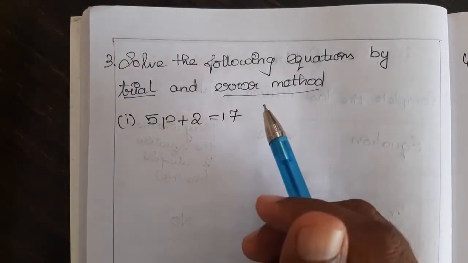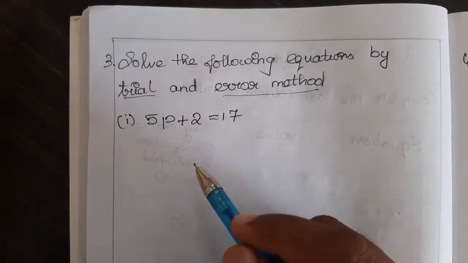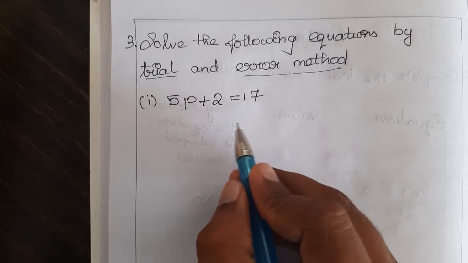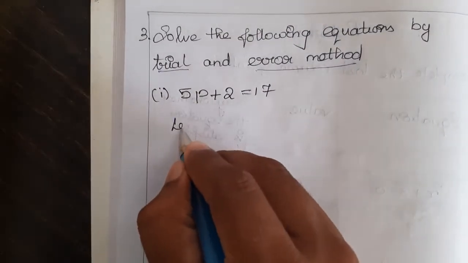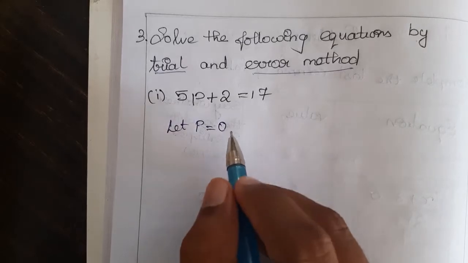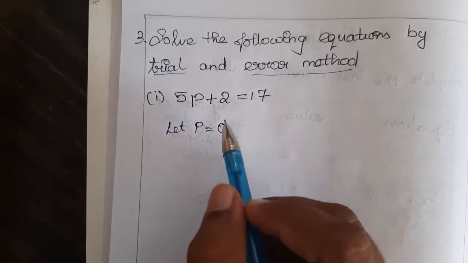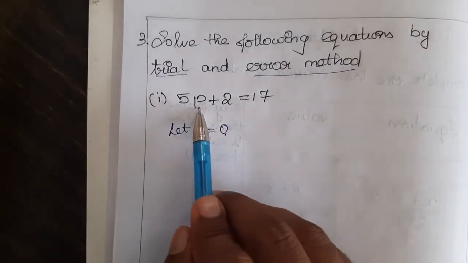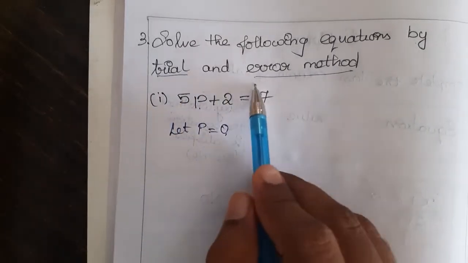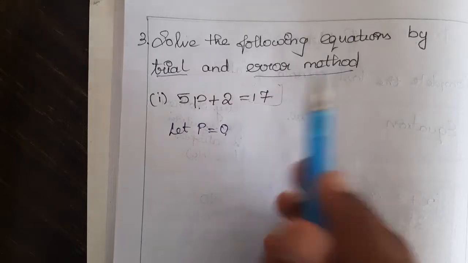If it is not satisfied, then it is not a solution. We can try with another number. So let me start with 0. So let p is equal to 0. I am just trying. I am going to put 0 for p and obtain the value of LHS. And if it comes to 17, that is RHS, then it is a solution.